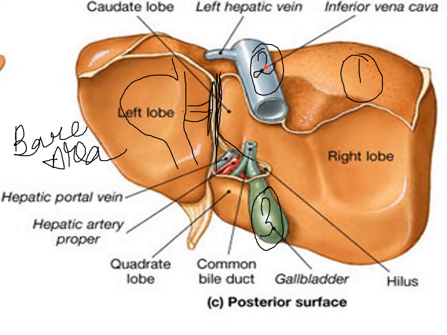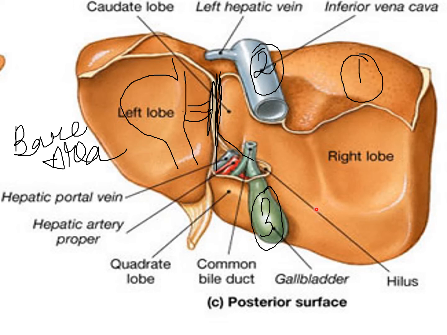The second point is the groove for the inferior vena cava, which is present between the caudate lobe, which we have just seen in the previous slide, and the triangular bare area. The next point is the fossa for the gallbladder, which is present in between the quadrate lobe. You can also see the duodenal impression.